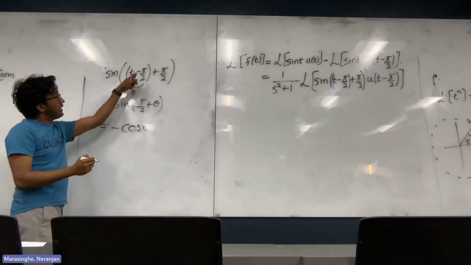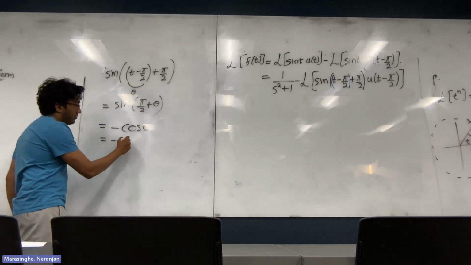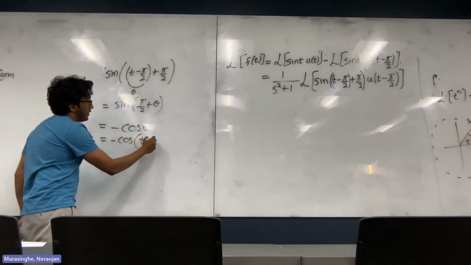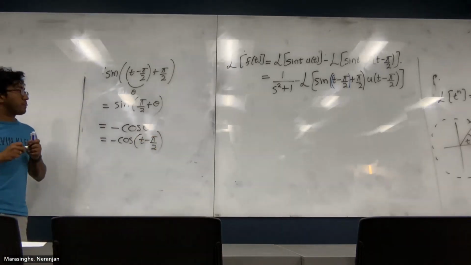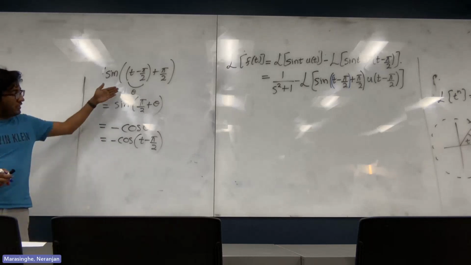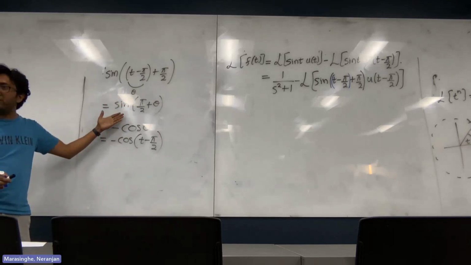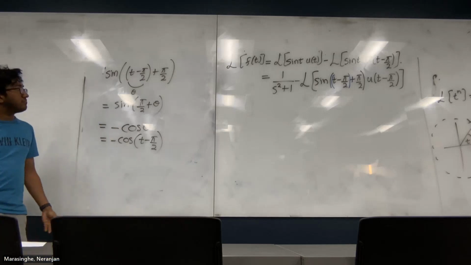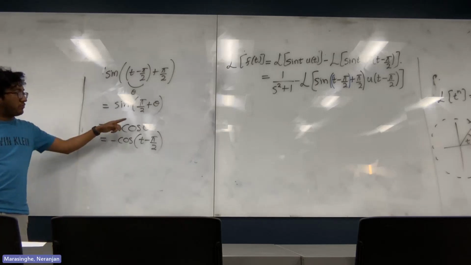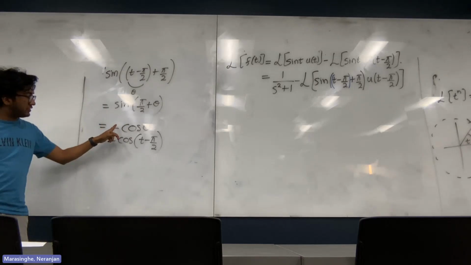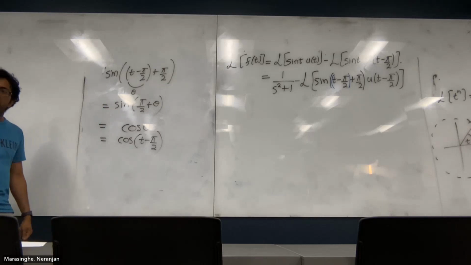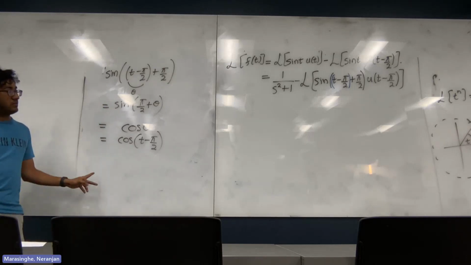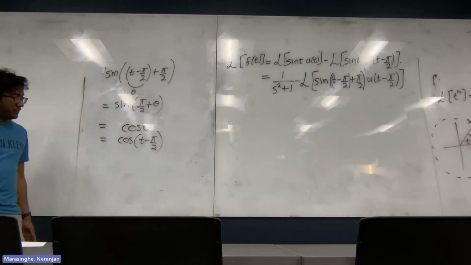Theta is t minus pi divided by 2. In the exam, if you need those trig identities, I would give them as a hint. Give me a second. This should be positive because we are in the second quadrant. It's positive cosine of t minus pi divided by 2.